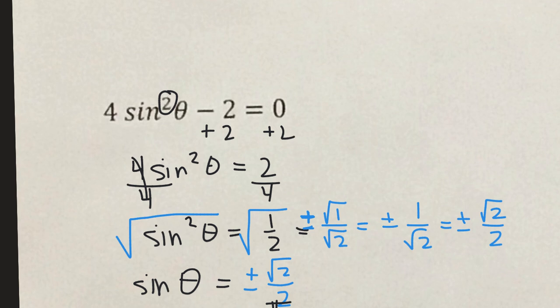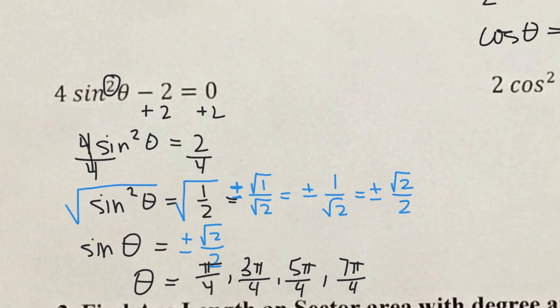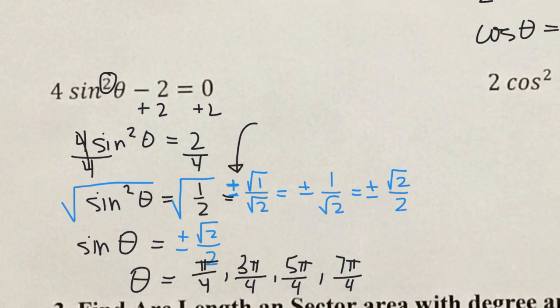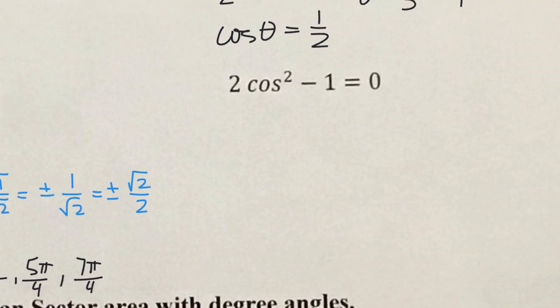Okay, and that happens at all the pi over 4. So pi over 4, 3 pi over 4, 5 pi over 4, and 7 pi over 4. Okay, when you solve by square rooting, you get positives and negatives. Don't forget about that.